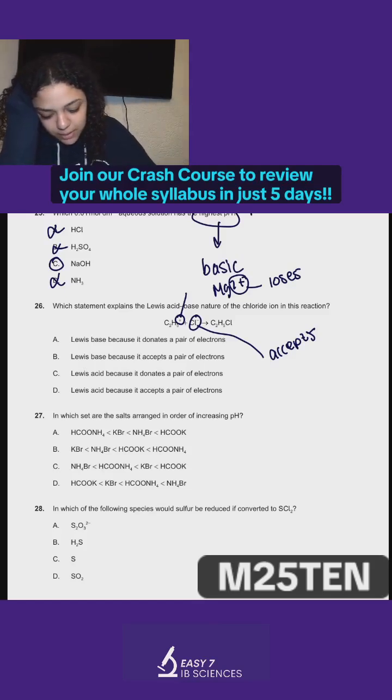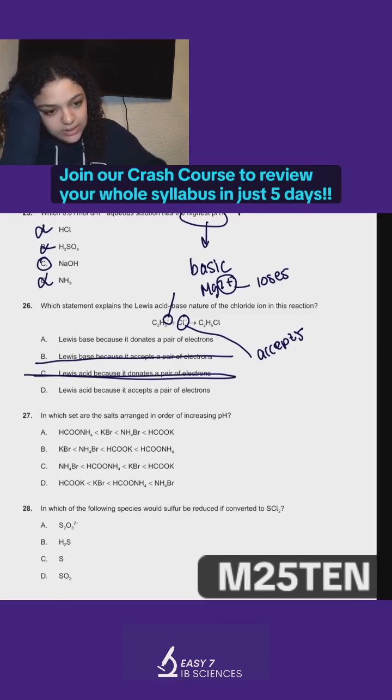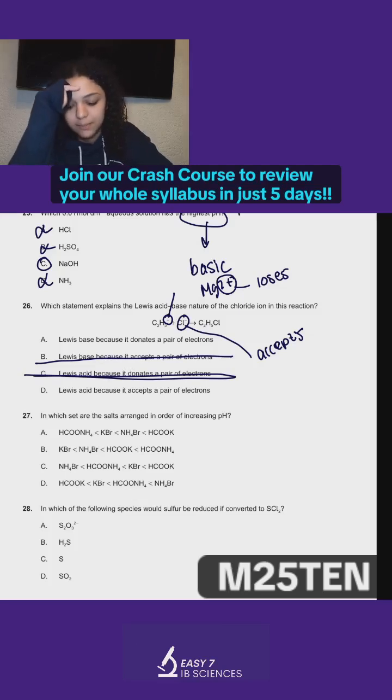So it does donate a pair of electrons. Okay, so what can we do? We can already cross out this one, and we can already cross out this one. And in this case, is my chloride ion a base or an acid? Is it donating or accepting? This is an HL question. It's a base, right? Because it donates the pair. Okay.